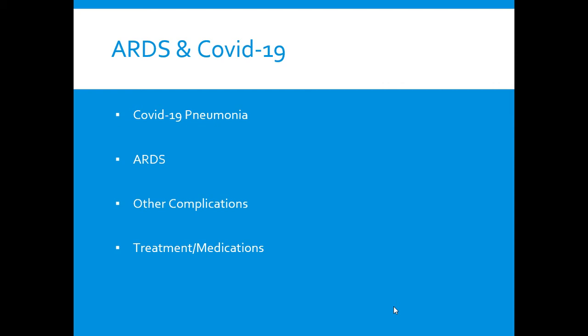Many clinicians are saying that ARDS is different in patients who have COVID. Patients have low oxygen saturations without an increased work of breathing. That is not usual with ARDS. With ARDS, when patients are hypoxic, you see them working really hard to breathe, and it's very clear that they will not be able to sustain their work of breathing and will need to be on a ventilator.